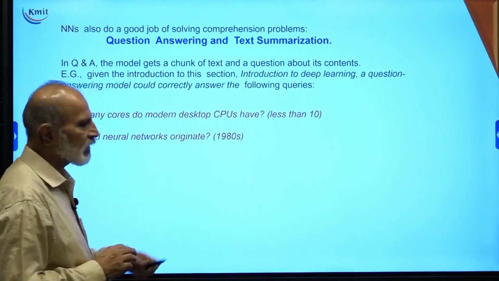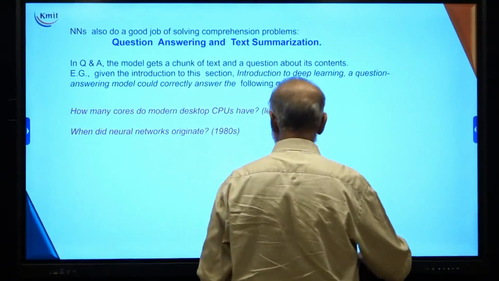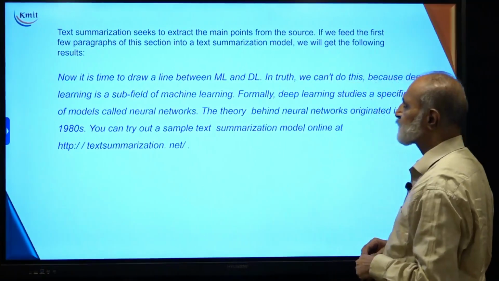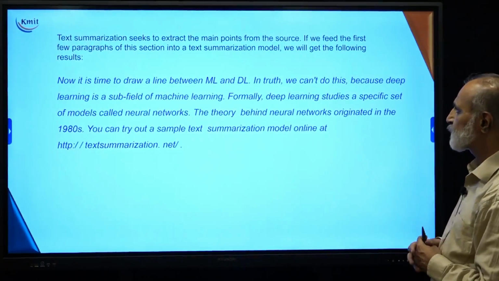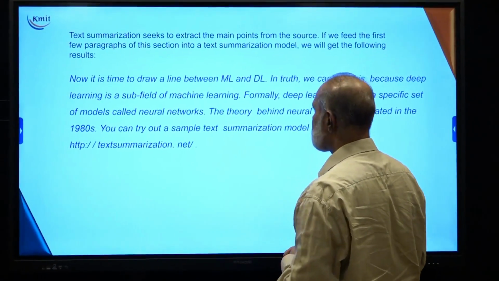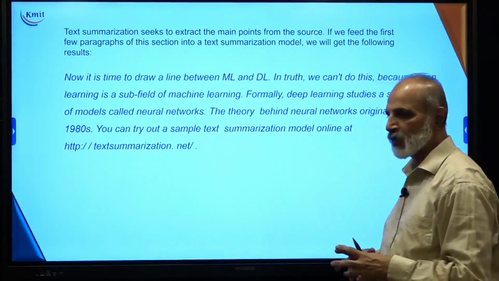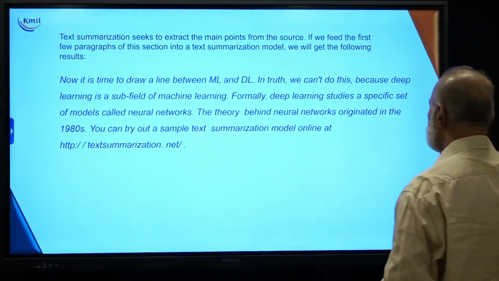It will answer you 1980. So, you can have question and answer in summary form also. Okay. So, text summarization seeks to extract the main subject of the source. If you feed the first few paragraphs of this section to a text summarization model, we will get the following result. Now, I am putting a summary of what I have said. So, this is also a part of NLP.